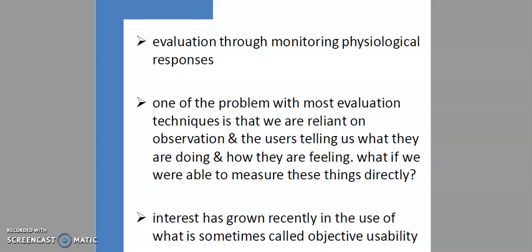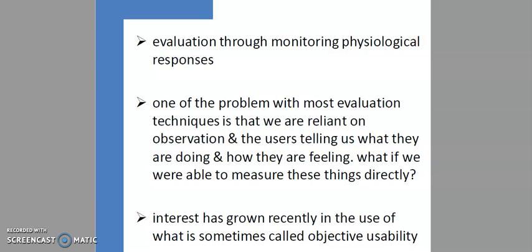Evaluation through monitoring and psychological responses. One of the problems with most evaluation techniques is that we are relying on observation and the user telling us what they are doing, how they are feeling. What if we were able to measure these things directly?